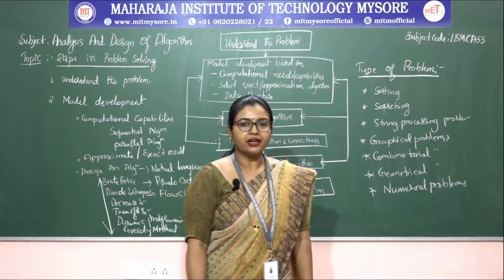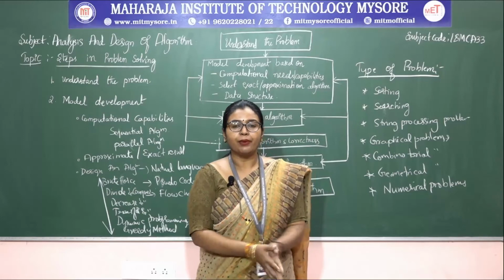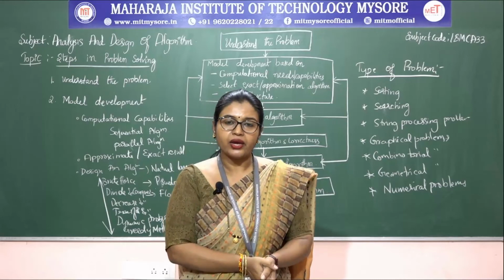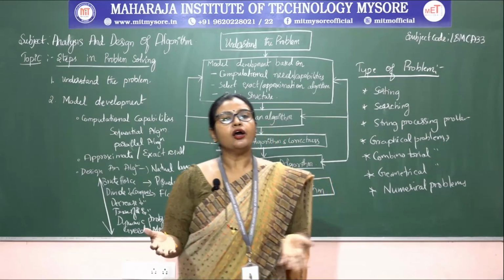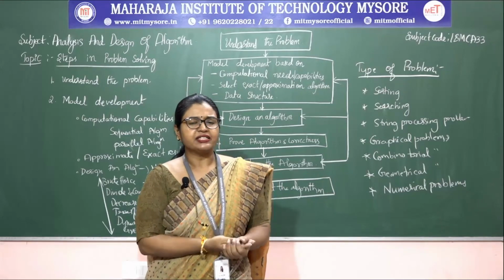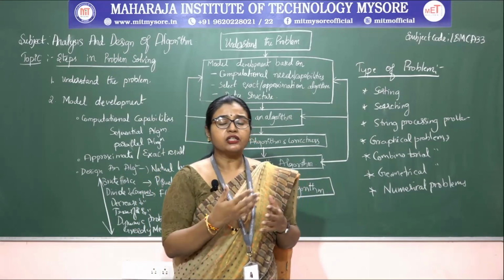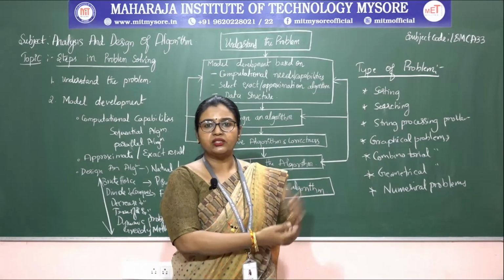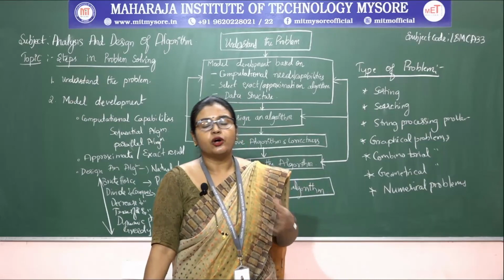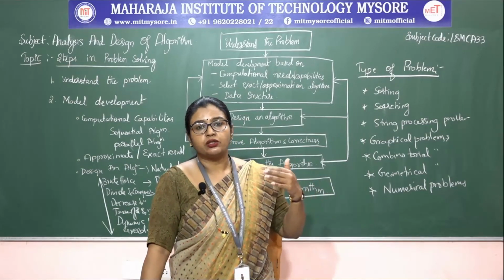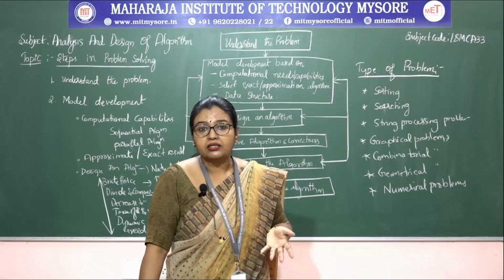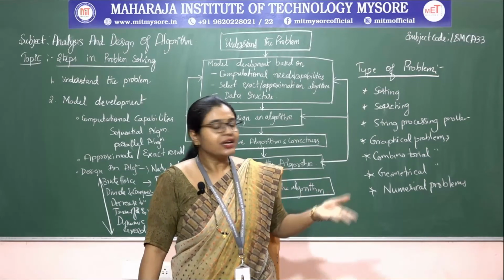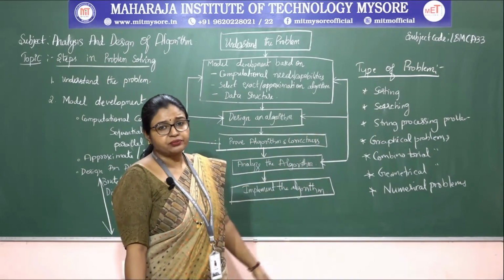Now, sorting: here we compare things and arrange the elements in some order, either ascending or descending. For example, we can sort a student list in alphabetical order, sort the student database by increasing marks, or by USN.